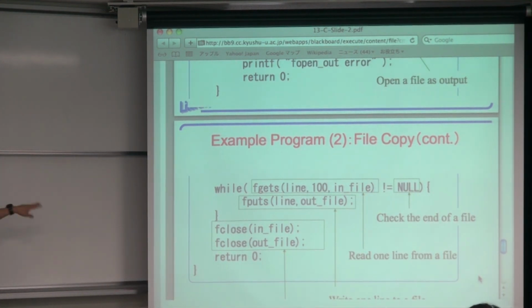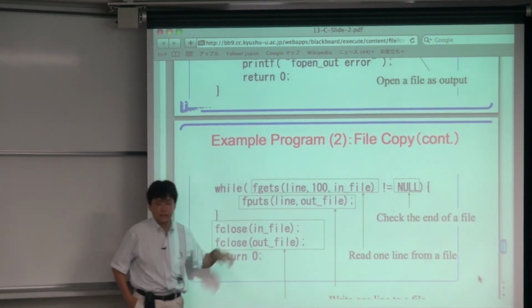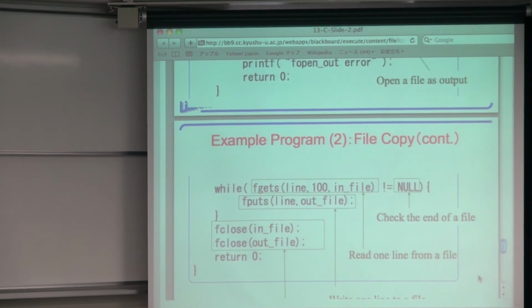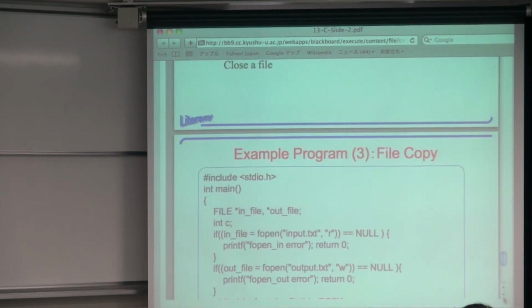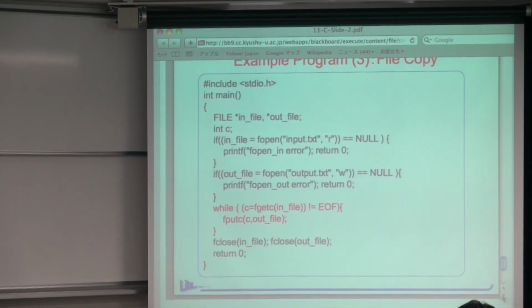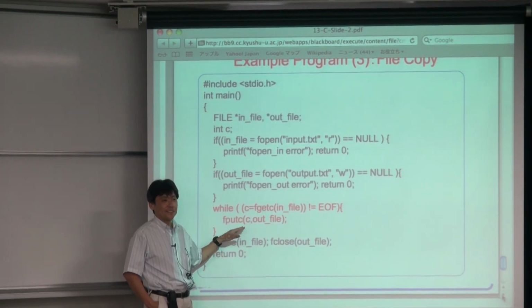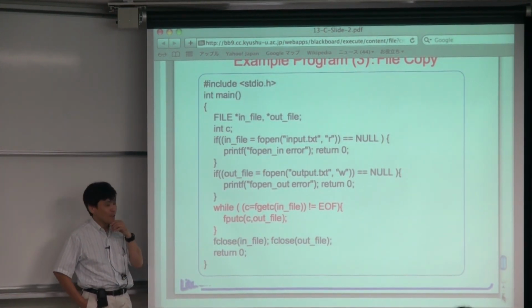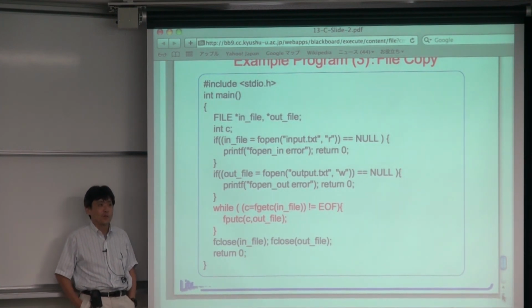In this case, you can use the fgets and fputs functions. Instead of using fgets and fputs, using fgetc and fputc, you can also make a program for the copy operation.